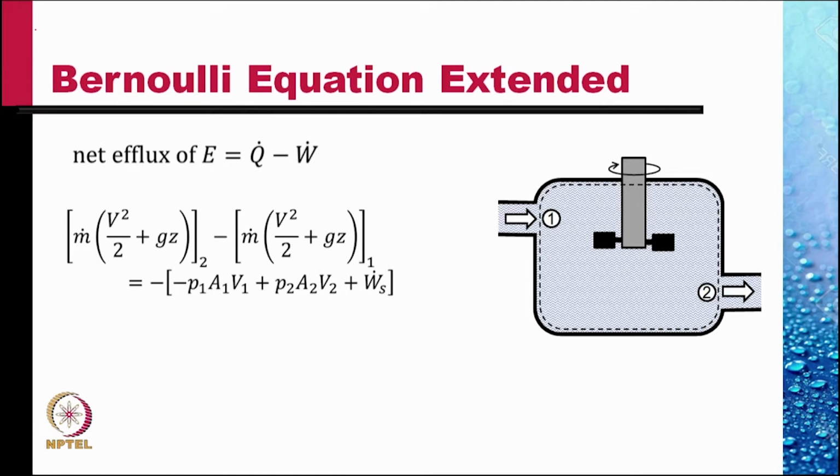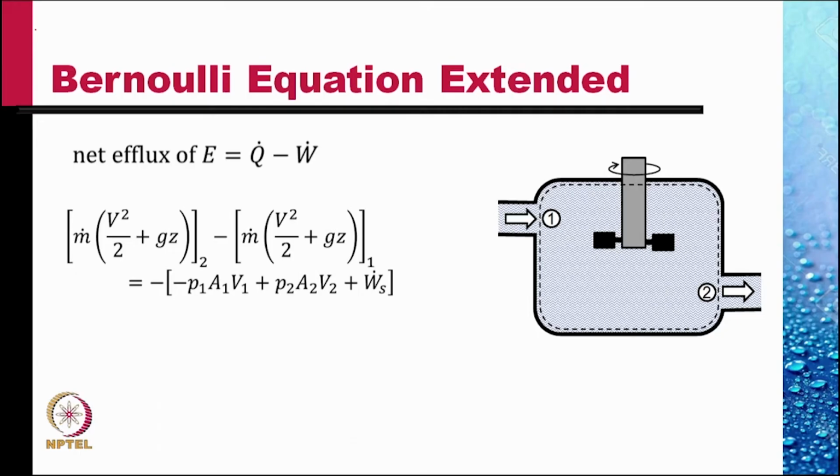Net efflux of E is m dot, the rate of mass throughput, into V squared by 2 plus g z, the specific energy per unit mass at the outlet, minus m dot, the rate of mass throughput, into V squared by 2 plus g z at the inlet.